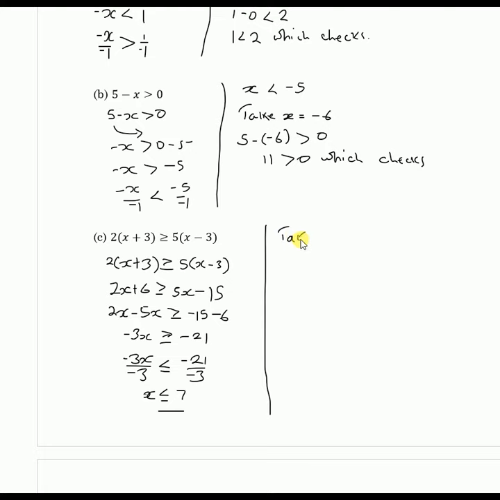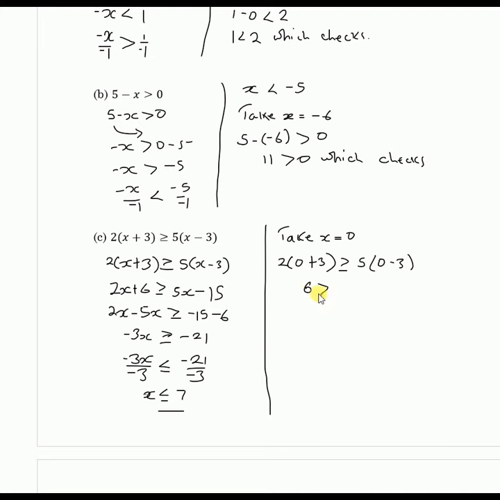We shall check with x equal to 0. Isn't 0 less than 7? It is. So we can check with it. So we have 2 into 0 plus 3 greater than or equal to 5 into 0 minus 3. 2 times 0 plus 3, that is 3.